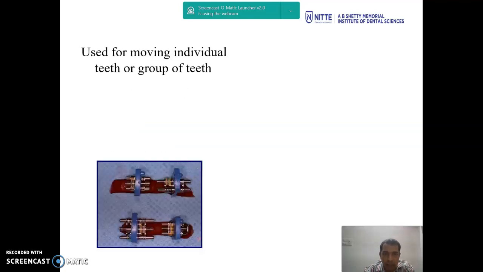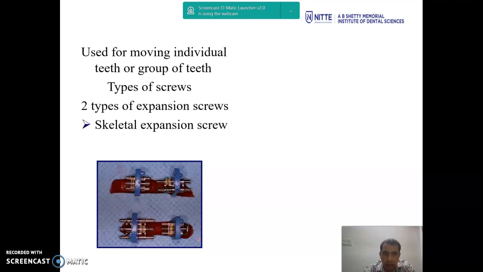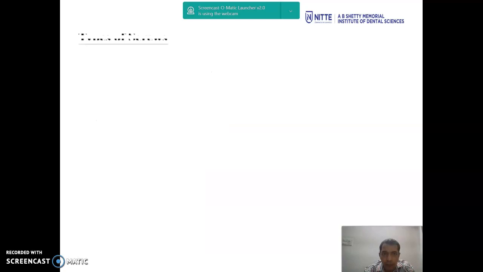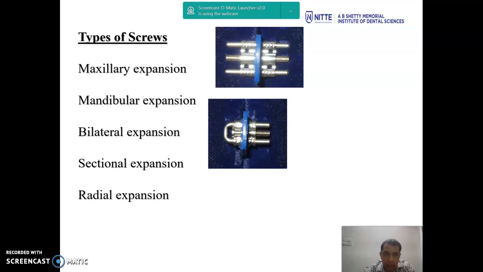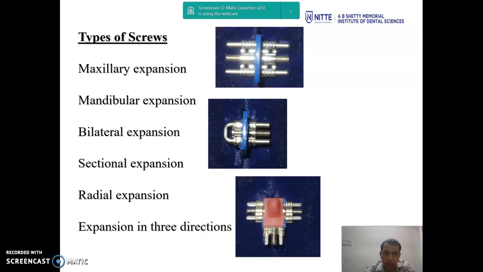Now we see that they are used for moving individual teeth or groups of teeth. And we have the skeletal expansion screw and the dental expansion screw. Coming to the types of screws, we have screws used for maxillary expansion, for mandibular expansion, bilateral expansion, sectional expansion, radial expansion, and expansion in 3 directions.